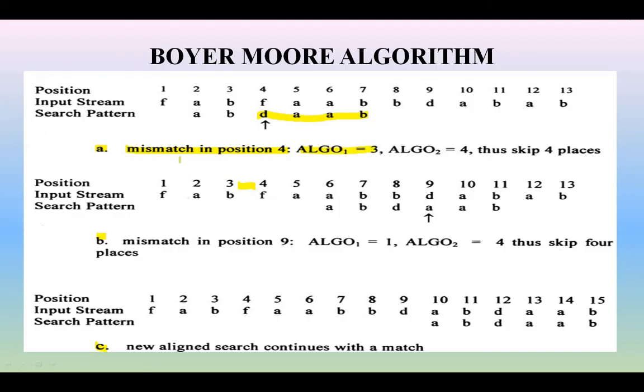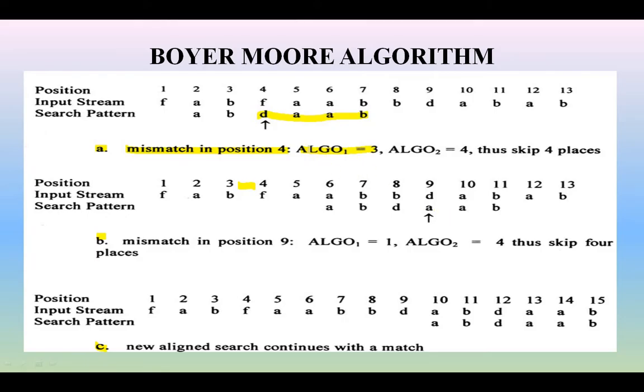Now coming to the second one. Here the input stream is given like this and the search pattern is given like this. After shifting the four positions from 2 to 4, you count 1 2 3 4. From where you need to start now, from the starting of the position, you have to start from the sixth position, that is ABD AAB.